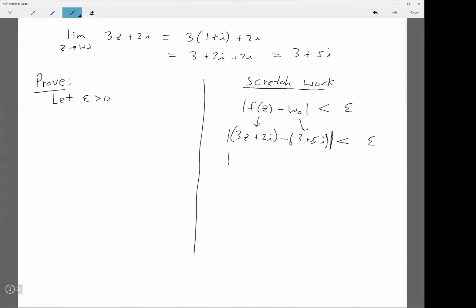This is where the manipulation comes in. We have 3z, and here you have 2i minus 5i, which is minus 3i. Everybody has a 3, so we can factor the 3's out and end up with z minus 1 plus i.